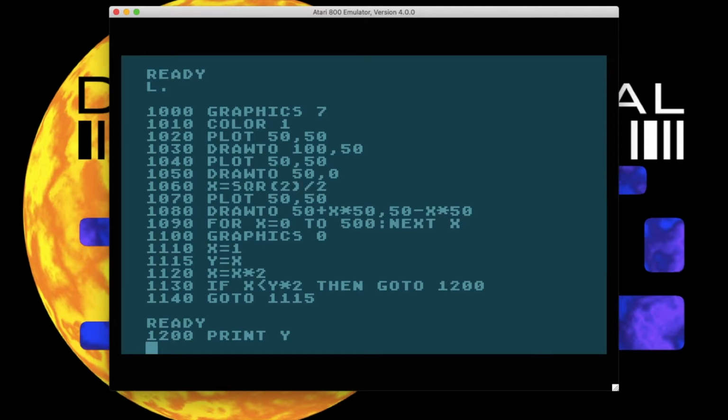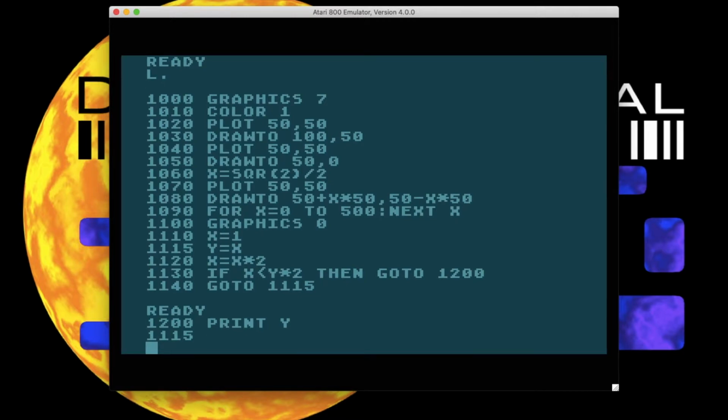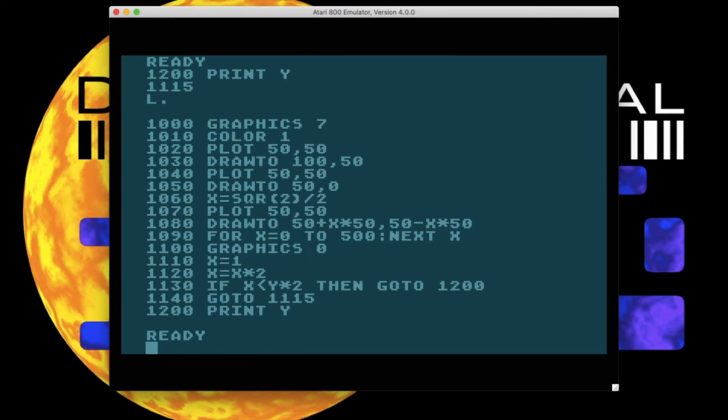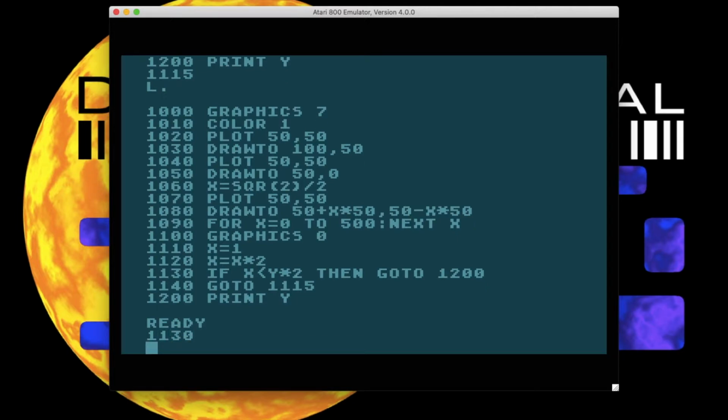Let's get rid of 1115. Let's get rid of 11. Well, let's list 1130. We're going to get rid of. We're going to get 1140 out of the way.